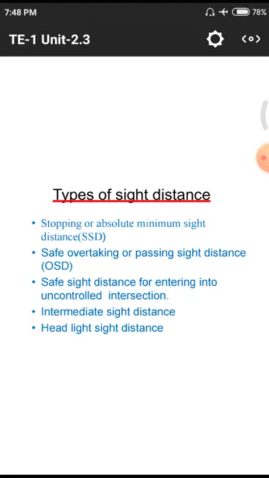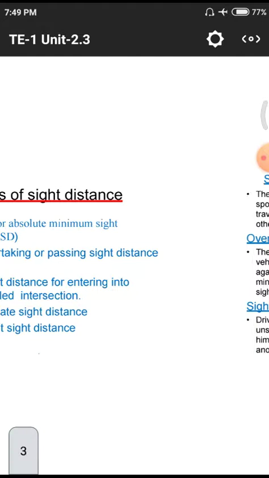Due to this, we cannot observe another vehicle because the light comes directly onto our eyes, and with reflection and refraction principles, we have only a short span of visibility. That distance is called the headlight sight distance. Okay, these are the different kinds of sight distances we have.